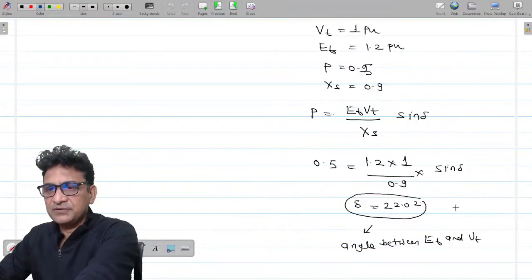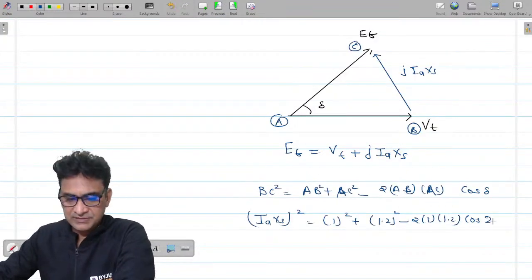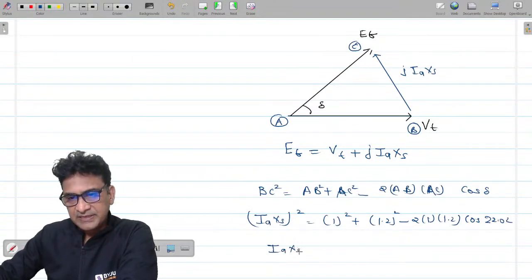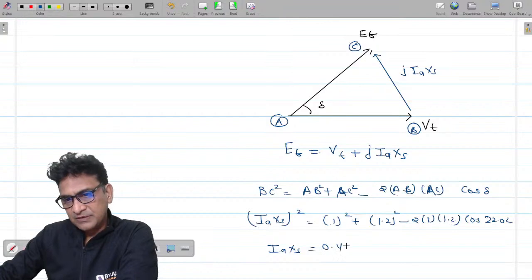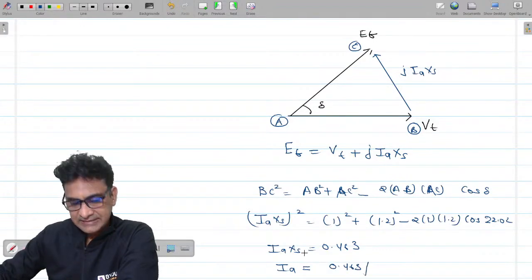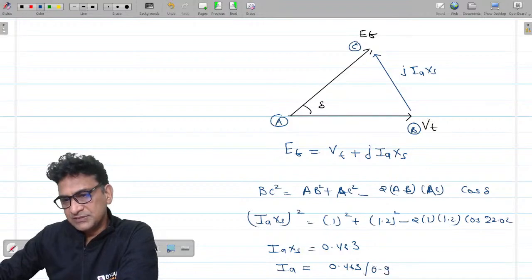Delta we just found out, it is 22.02. So from this you will get the value of IaXs equivalent to 0.463. So from this you can find out the value of Ia. It is 0.463 divided by synchronous reactance, which was 0.9, so it is 0.515 pu.